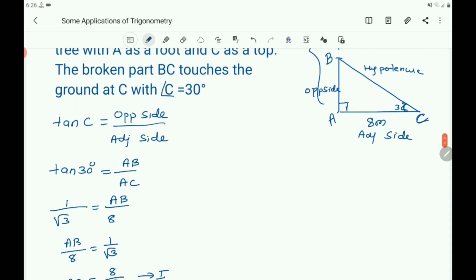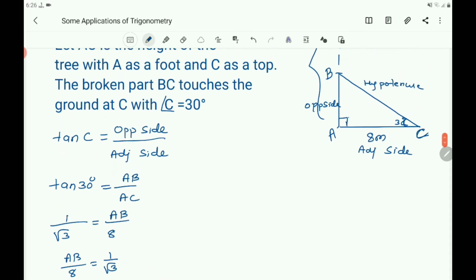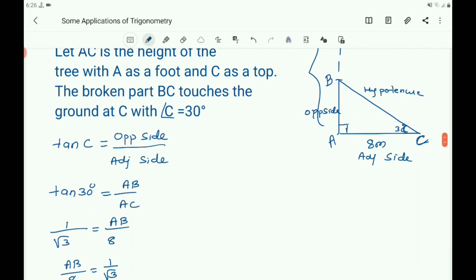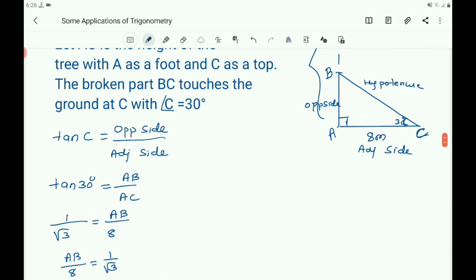You got AB. Now find BC, and BC is the hypotenuse and angle C is given. Now you got the opposite side also. Then use the ratio O by H or A by H. So which ratio can you use? That is, use cos of the angle or sine of the angle.